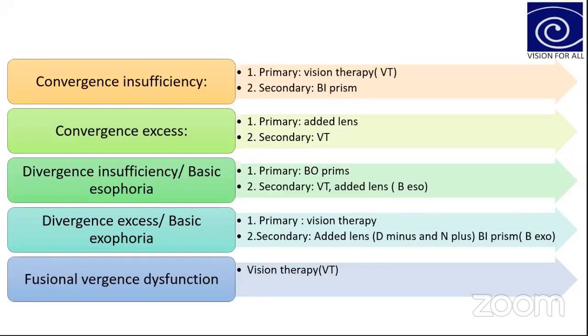The only option for fusional vergence dysfunction is vision therapy. So you will have to do or advise vision therapy in fusional vergence dysfunction. There is no other option for this. So always if you see the diagnosis of fusional vergence dysfunction, directly you have to refer for vision therapy.